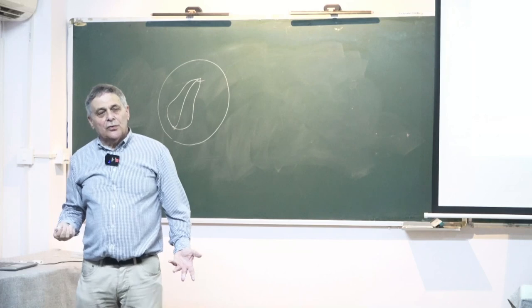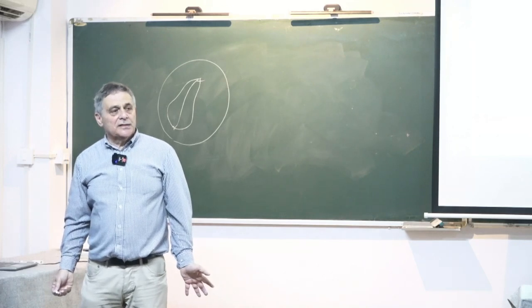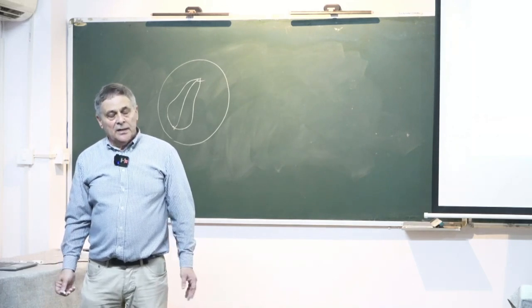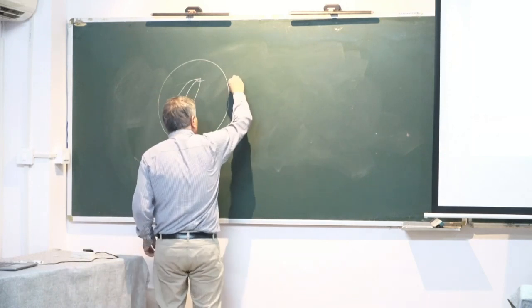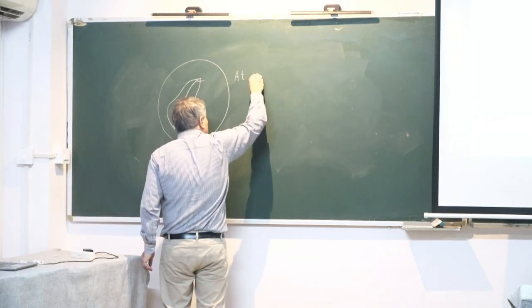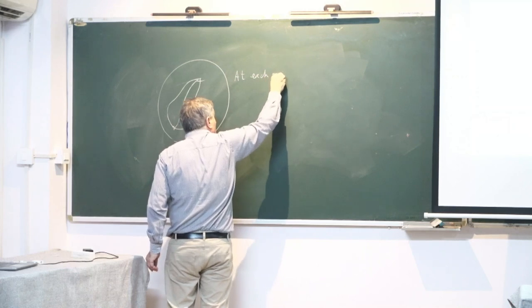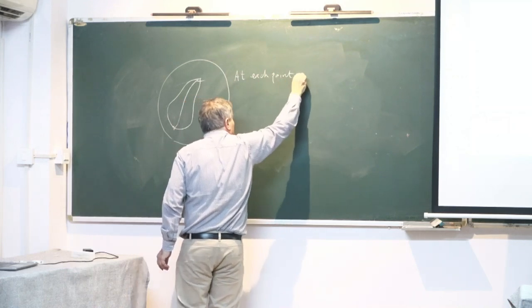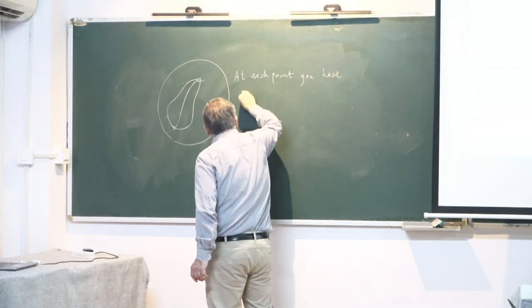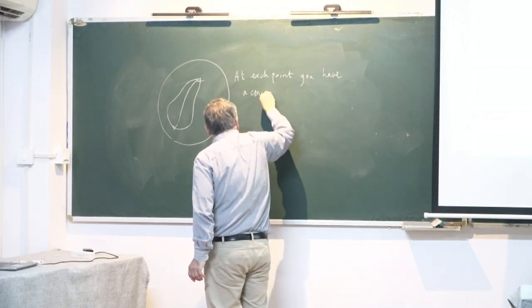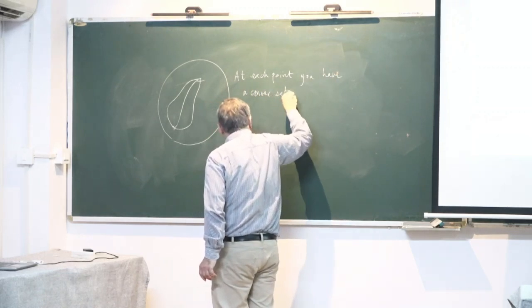But I didn't tell you how I measure these lengths, right? So in a Finsler manifold, at each point of the manifold, you have a convex set.